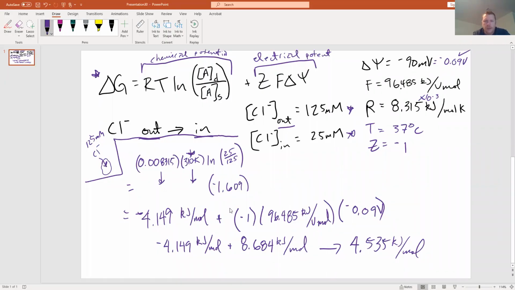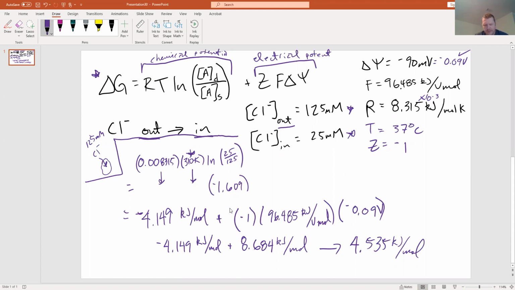Okay, so whenever you do something, it's always helpful to think about whether this was favorable or unfavorable. This overall reaction is unfavorable because we have a positive delta G value. Well, what else is happening? We are trying to move a negative ion to a space where there's already a negative charge.